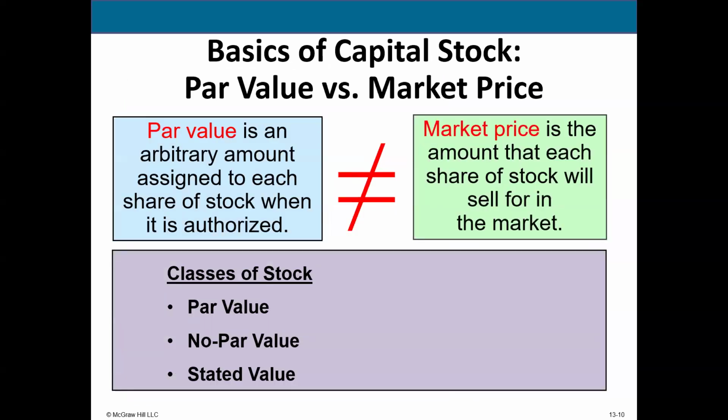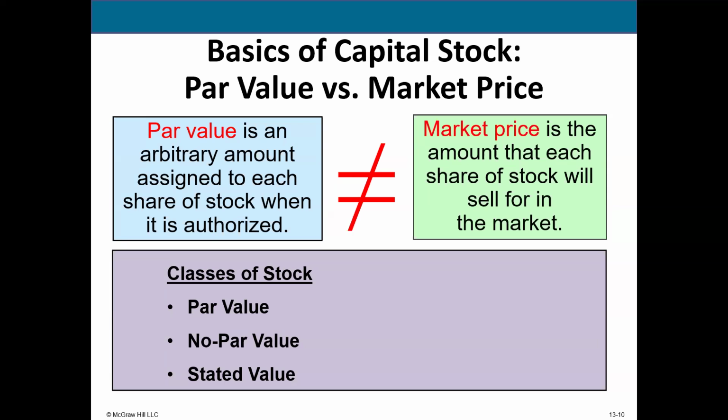So each share of stock that the company issues or authorizes has what we call a par value. The par value is a stated value that is assigned by the company to give it some minimum legal amount.